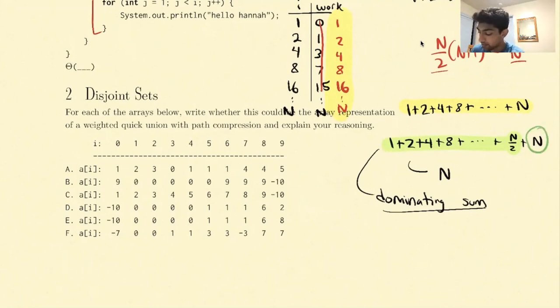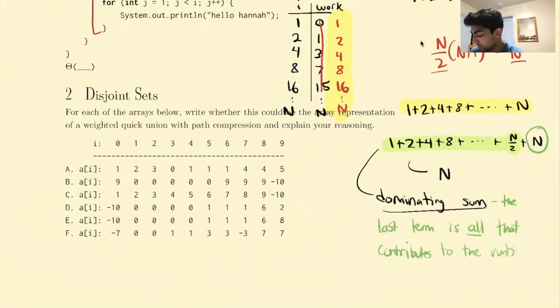A dominating sum is such that the last term is all that contributes to the runtime, so we can ignore all terms before the last one.